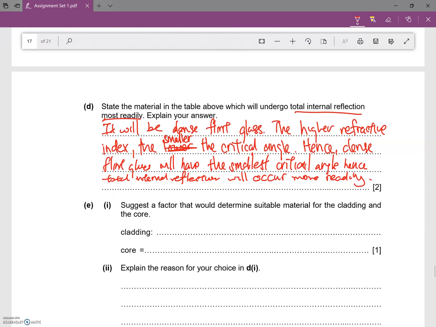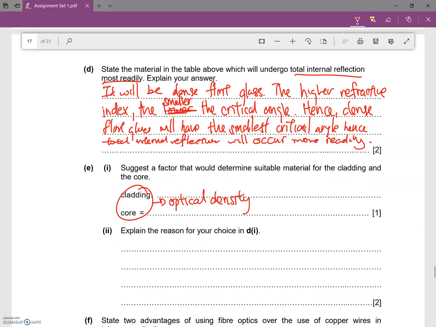Okay, next. Suggest a factor that would determine suitable materials for the cladding and the core. The factor that would be important for this will be the optical density. Now explain your answer in E part 1.